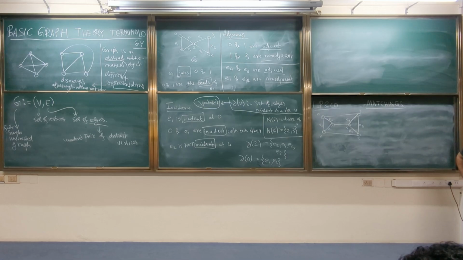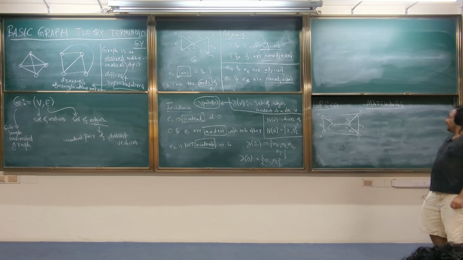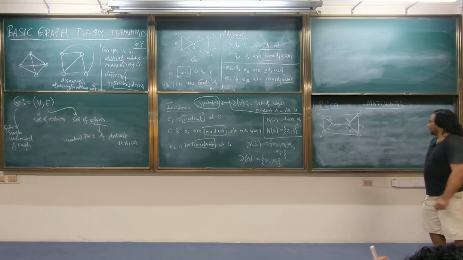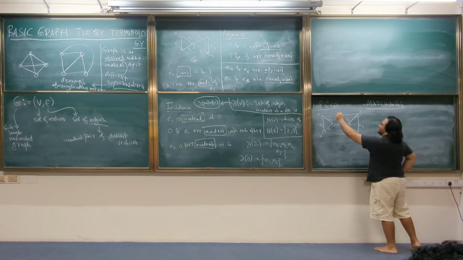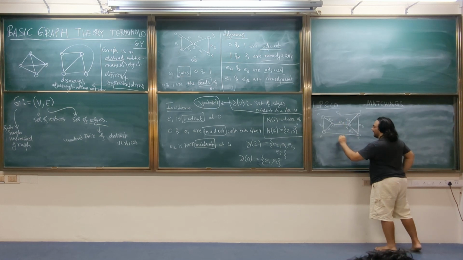Those of you who have seen matchings, can you give me an example of a matching in this graph? Raise your hand. E1, E2, E5, E0, E3. Okay, good. I forgot to label some edges. Thanks. E5, E6, E7, E8.